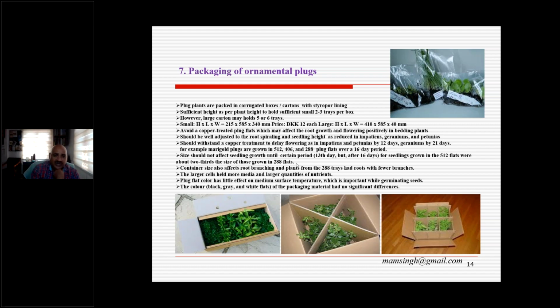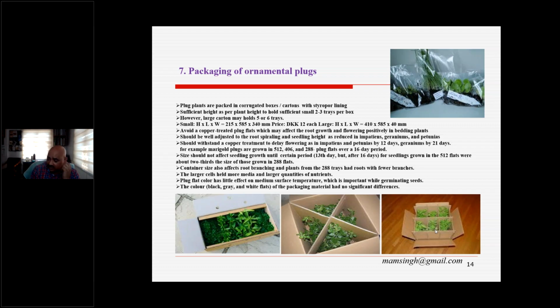So using corrugated fiber boxes, CFB boxes, is very important, and also the number of seedlings intact in the box is very important, so that they do not suffer transportation shock, or lack aeration or oxygen, or evaporate their own moisture to spoil the leaves and other parts of the seedlings.